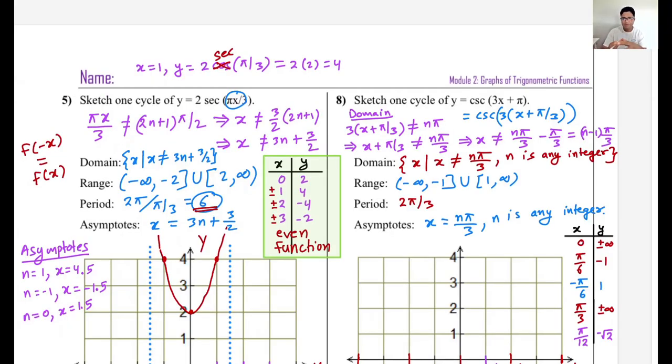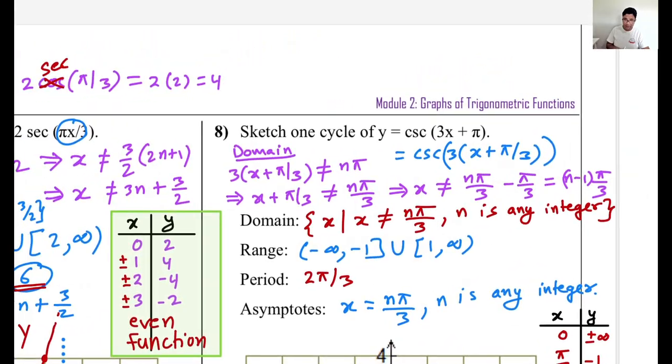You can see some of the work I have done here and cross check that with your own work. I have not yet graphed, but I'm almost there. I wanted to discuss the progress so far with you. First, you can see in purple color, I calculated the domain, and it turns out the domain is everything except the values of x where they are (n minus 1) times pi over 3.